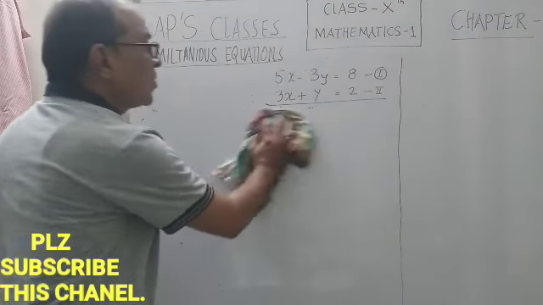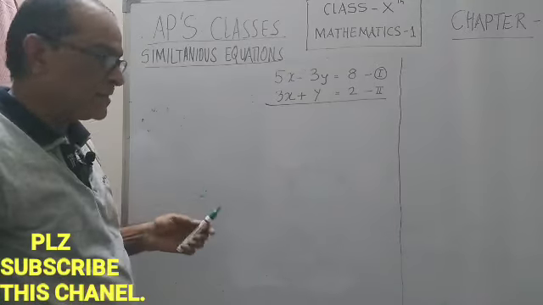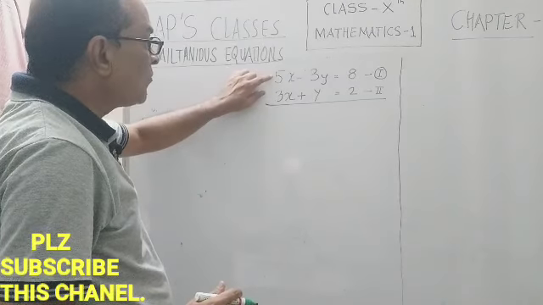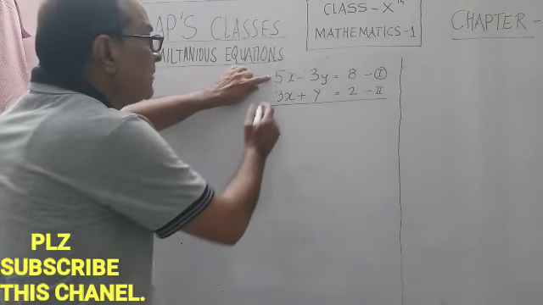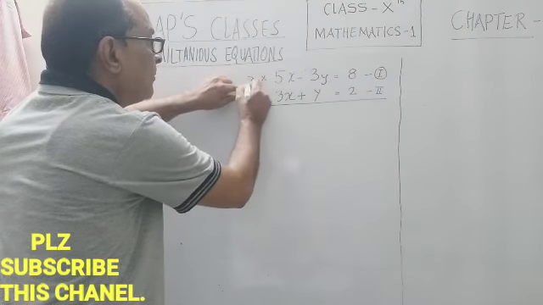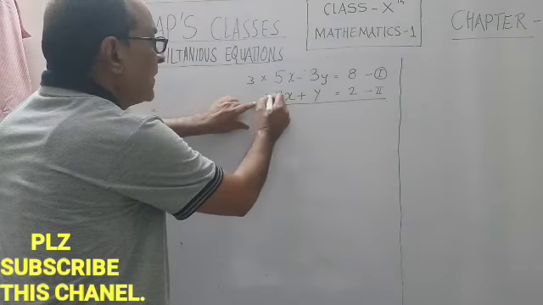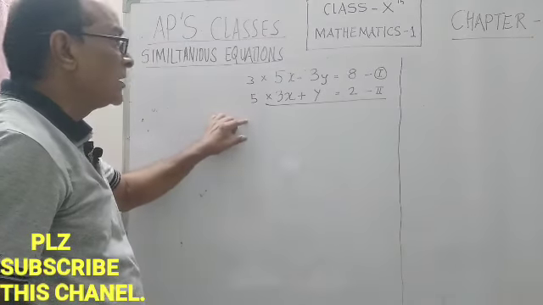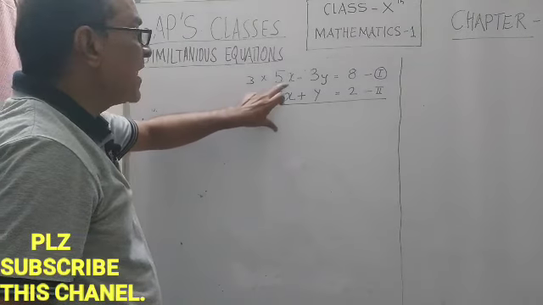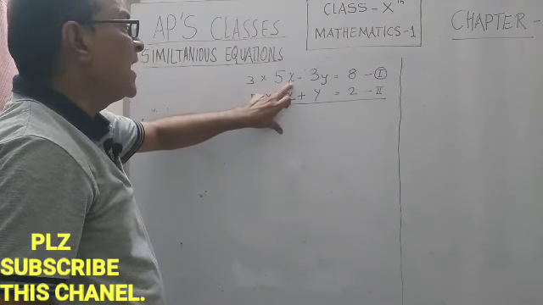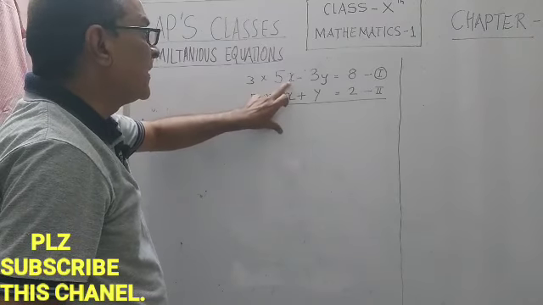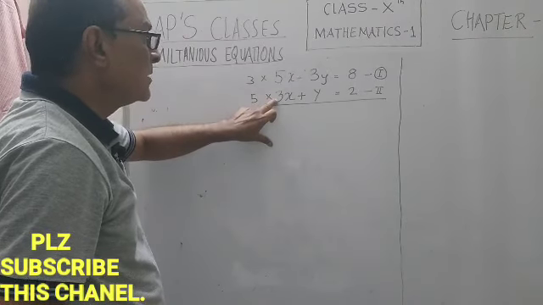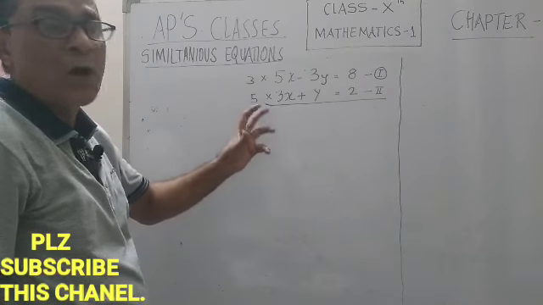Now let us go for eliminating the x. For eliminating the x, we have to multiply the first equation by 3 and the second equation by 5. Because I am concentrating on x being eliminated. If I want to eliminate it, both these values will be the same and then I can subtract or add.